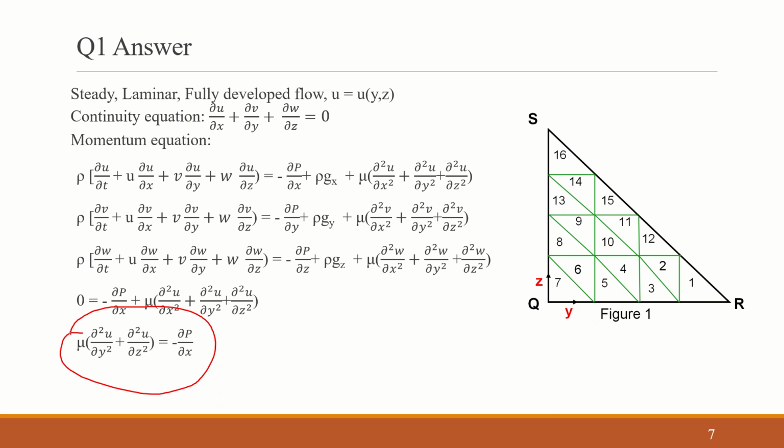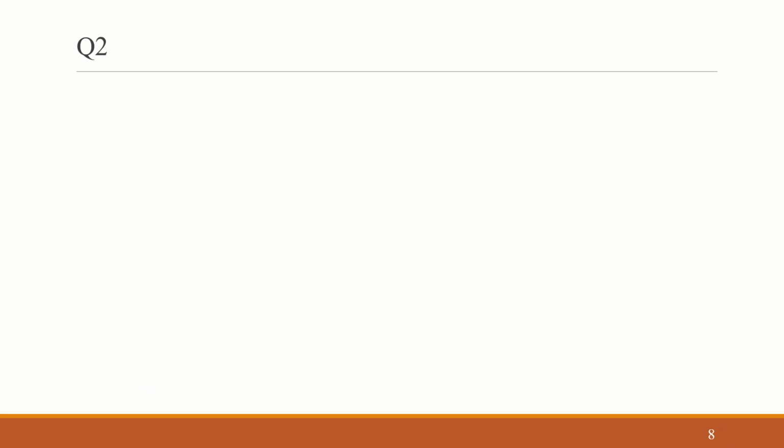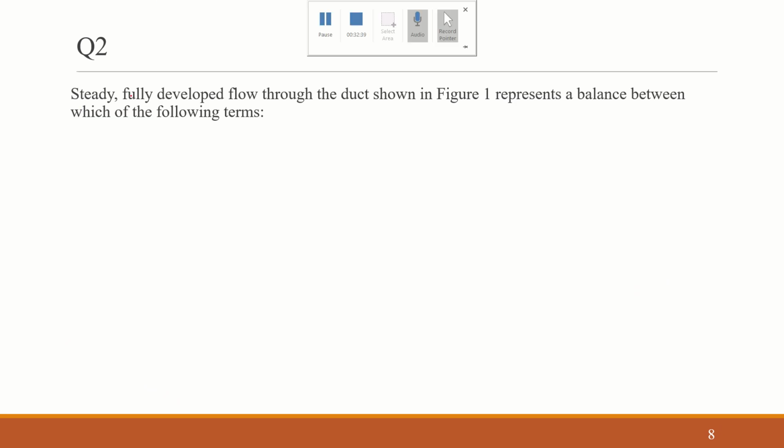Now let us move on to question 2. In question 2, it is asked that steady fully developed flow through the duct shown in figure 1 represents a balance between which of the following terms.